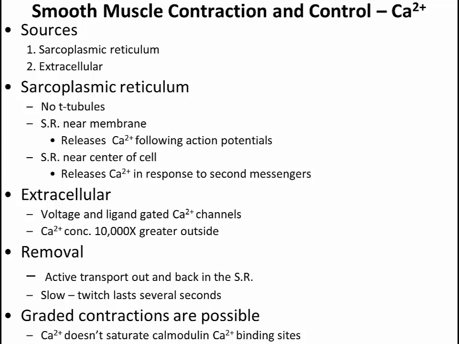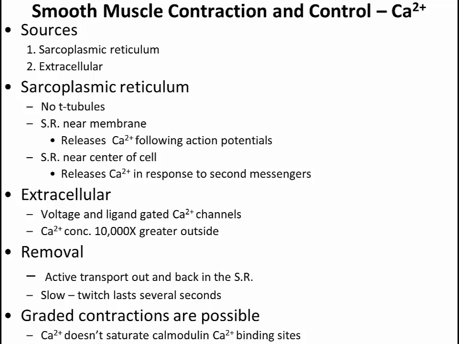It's also worthwhile noting that, even at this point, this means that contraction in the case of smooth muscle is going to be much slower than it was in the case of skeletal muscle, because of course the action of a second messenger is going to be much slower than the electrical activity that we observe that exclusively controls calcium release in skeletal muscle.